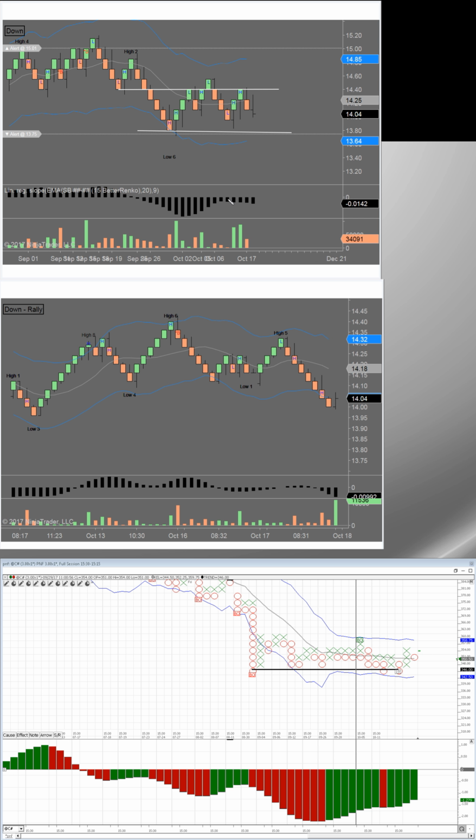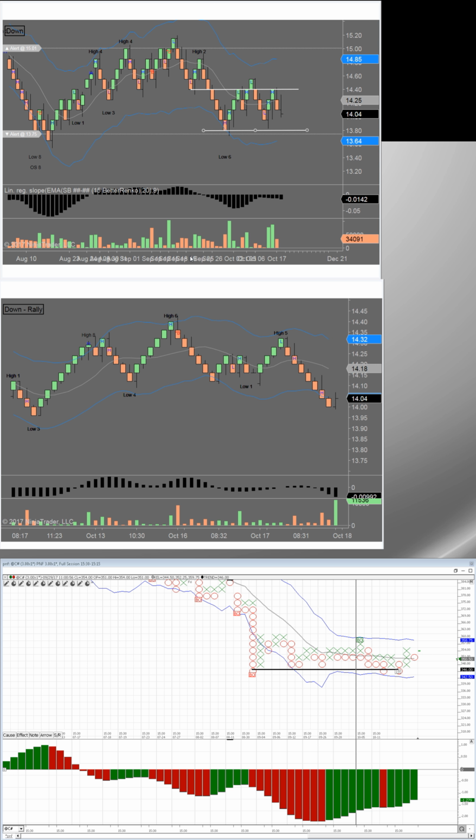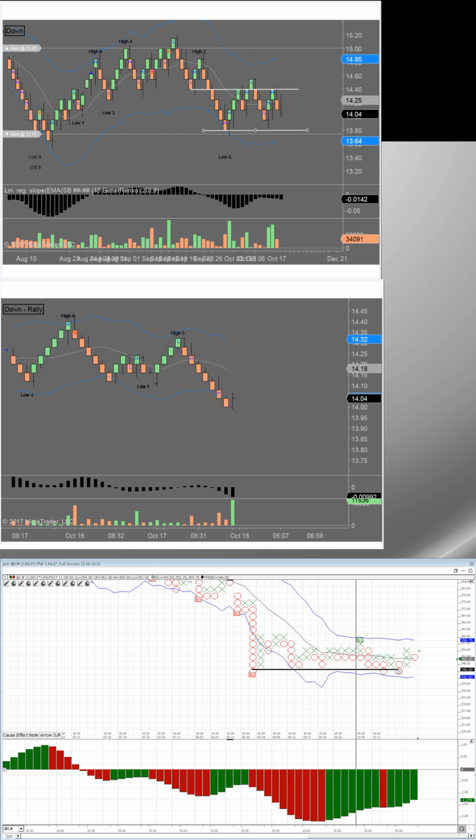This trend is definitely down. It went all the way down. Someone defended it, tested, but I don't really see any ability to rally at this time. And on the lower time frame, it's just going down. There's been a strong down wave. See if it has follow through.